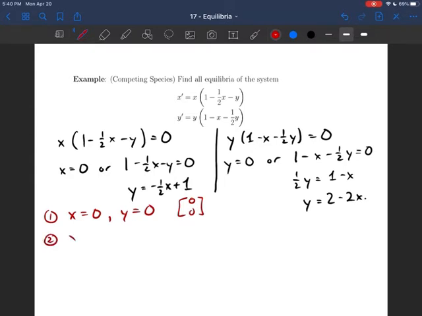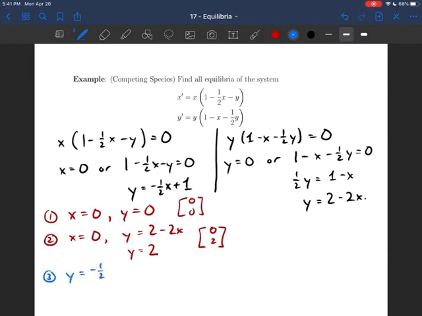So let's begin at the beginning. First, we take x equals 0 from the first one and y equals 0 from the second. Great, we get an equilibrium 0, 0. Second, we could have x equals 0 from the first one and y equals 2 minus 2x from the second one. Is that a contradiction? Well, no, because y could equal 2 minus 2x. As long as x is equal to 0, that would give us y equals 2.